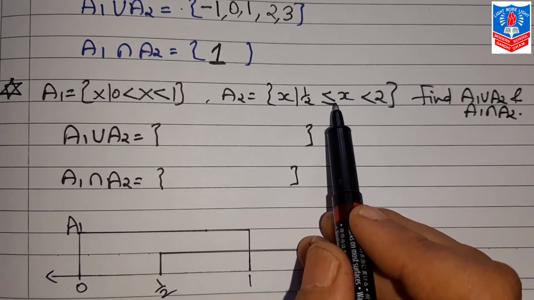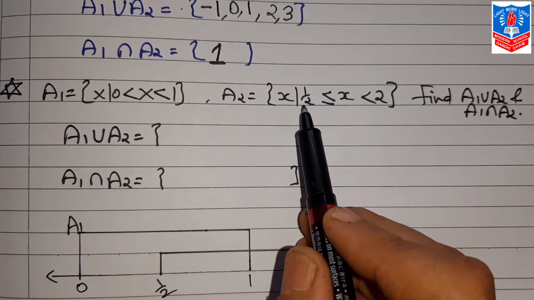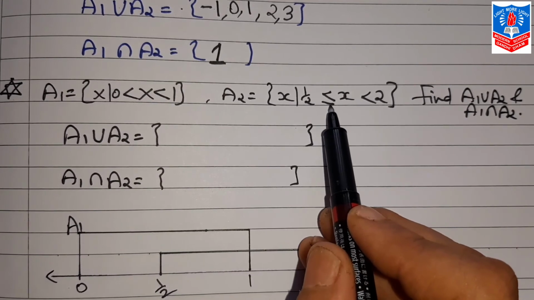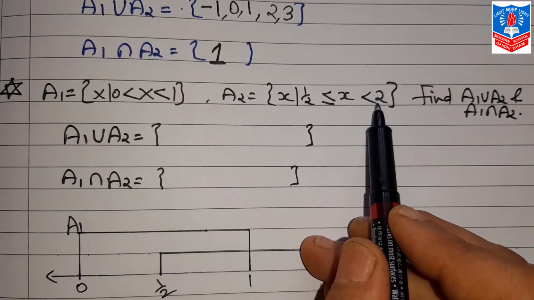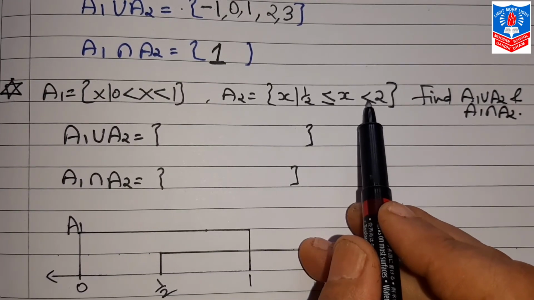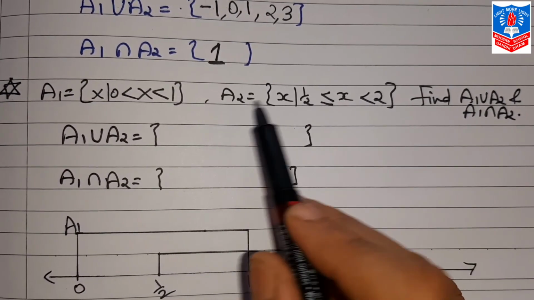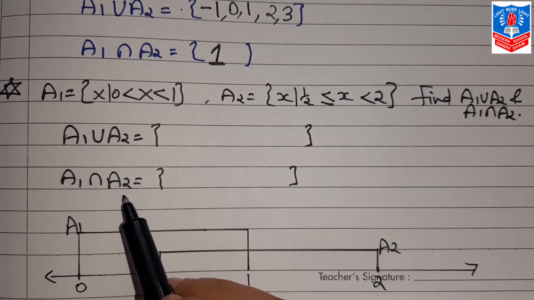This is important. Less than or equal to means x lies between half and 2, but here the equal to sign is there, meaning half is also included, and here the equal to sign is not there, so 2 is not included. So how do we find A1 union A2 and A1 intersection A2?